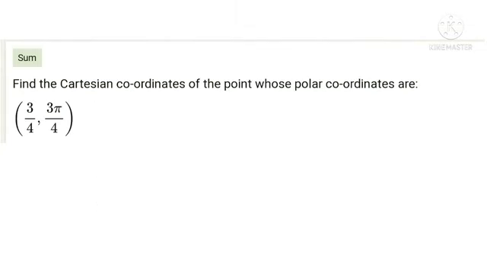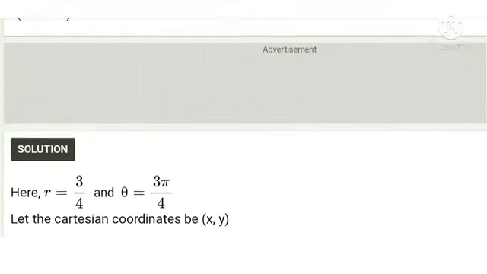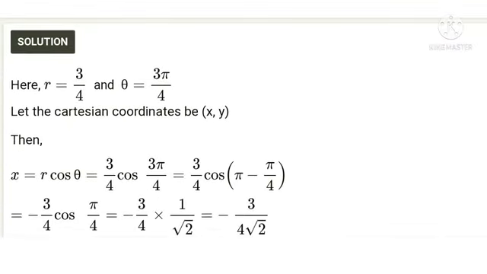See the next example. Find the Cartesian coordinate of the point whose polar coordinates are given 3 by 4 and 3 pi by 4. So you write first r is equal to 3 by 4 and theta is equal to 3 pi by 4. The Cartesian coordinates are x is equal to r cos theta.